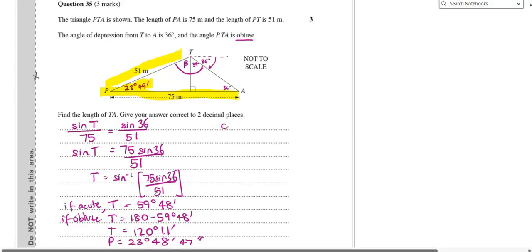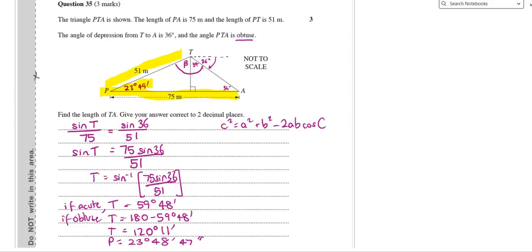Straight off the reference sheet, you know c squared equals a squared plus b squared less 2ab cos c. When you've taken care to make c the length that you're looking for, and you do know the angle opposite c.